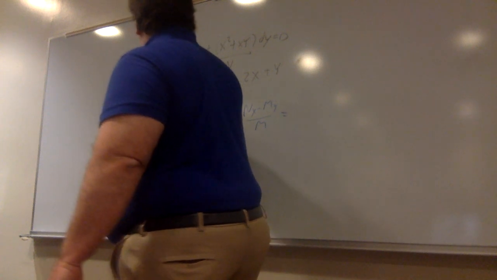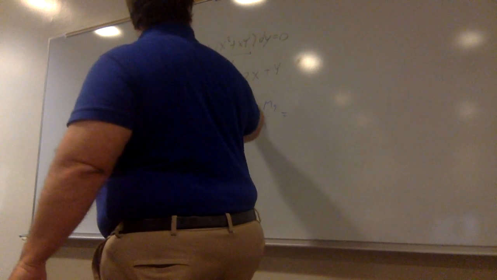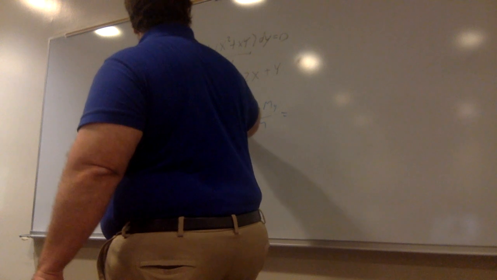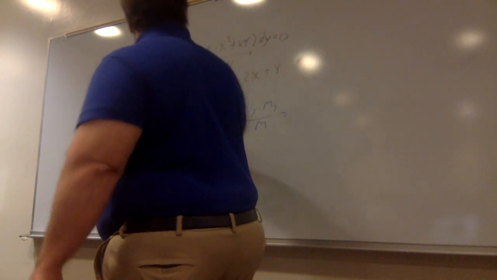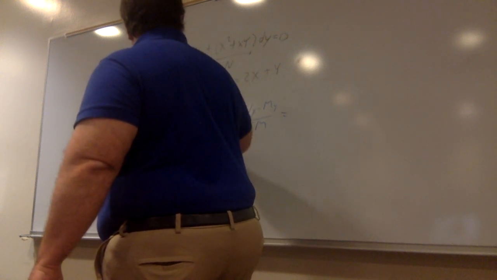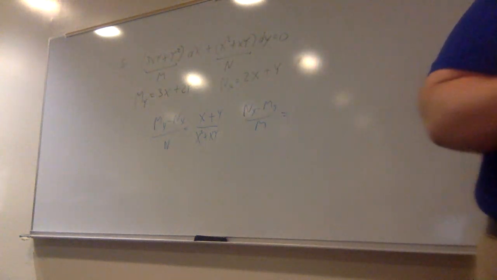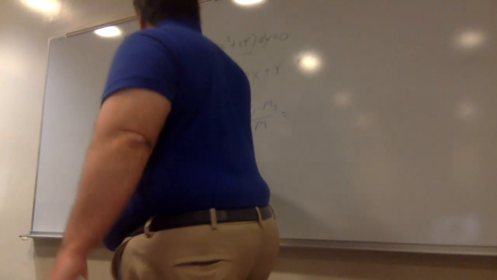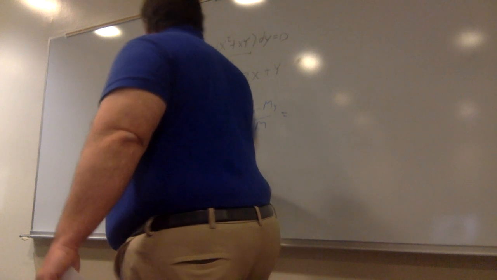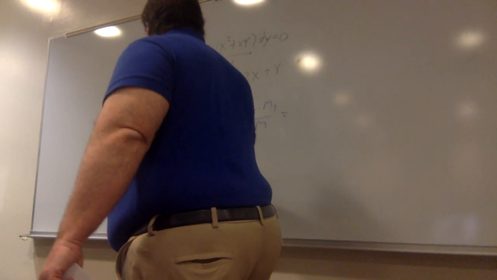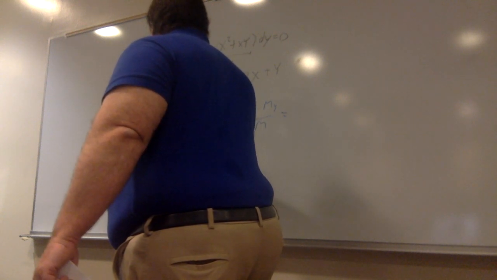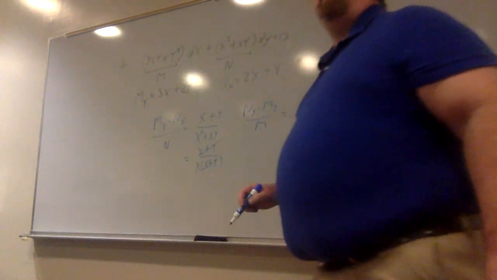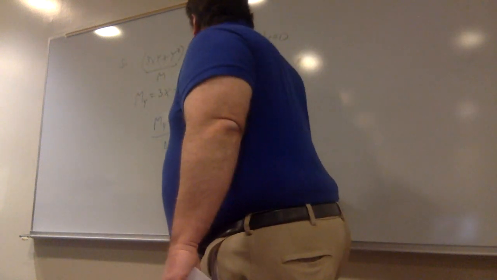My minus nx over n is going to be x plus y over n, which is x squared plus xy. You correctly got that, and then didn't think it could be used as an integrating factor. You have to simplify as much as you can, because notice down below, you have a common factor of x that can be pulled out. The x plus y's cancel, and you're left with 1 over x.